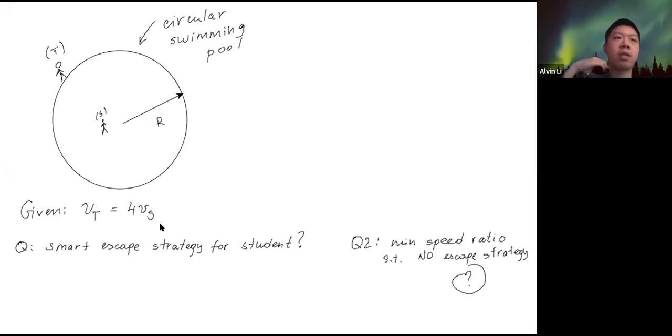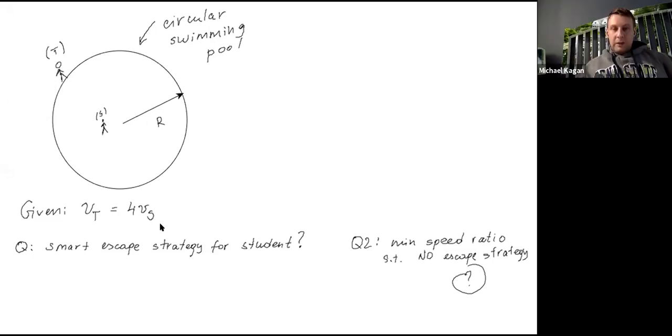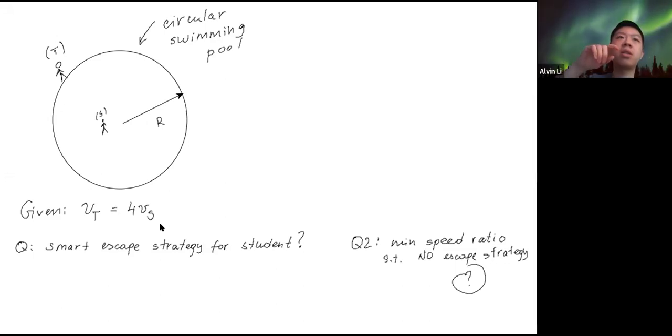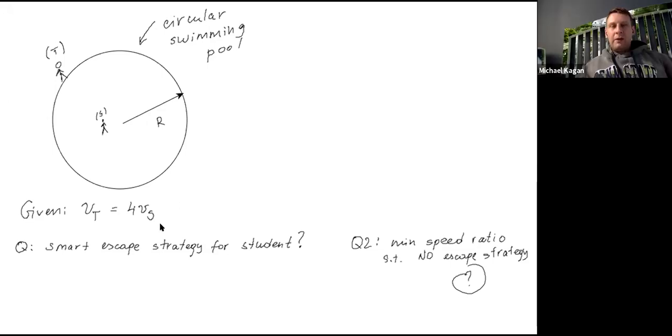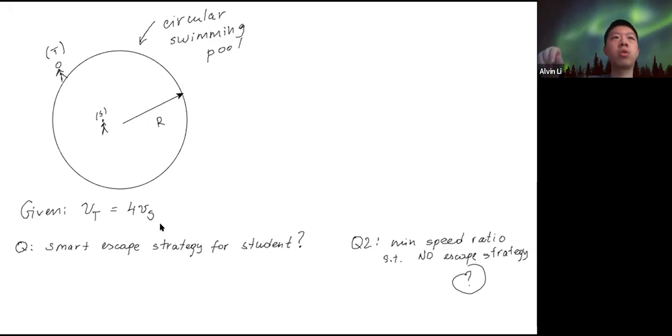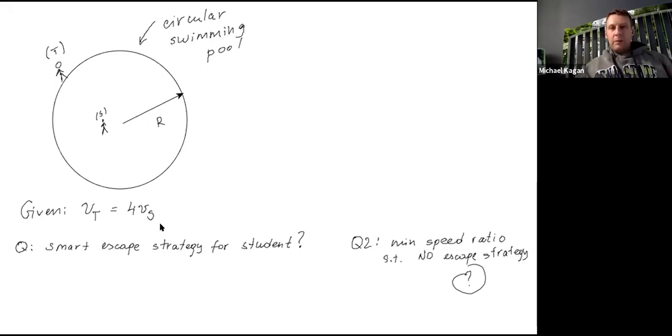I'm saying where the strategy happens, inside the swimming pool. Is the main part of it where the student does something weird on the edge and then the teacher can't catch that? Not really. Or does it depend more on the motion of the student inside, near the middle? Yeah, inside the pool.